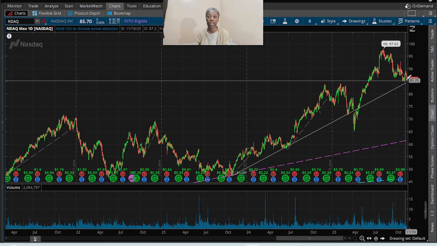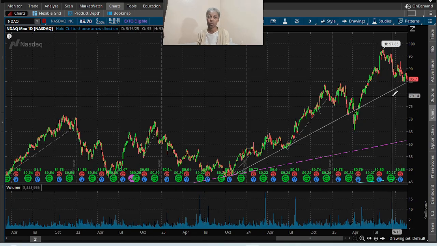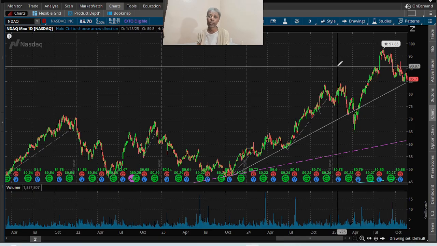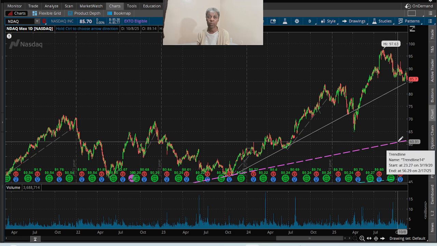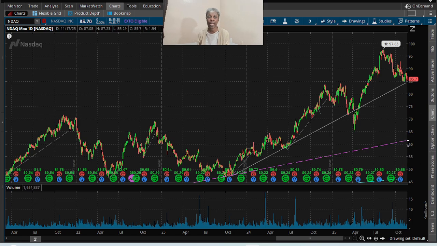Not knowing when it will end, we just prefer to wait, because we are using long option and swing trading strategy, and based on that strategy we want to buy stocks at the valley line when they pull back to that valley line and start going up, and sell it after it reaches a peak.